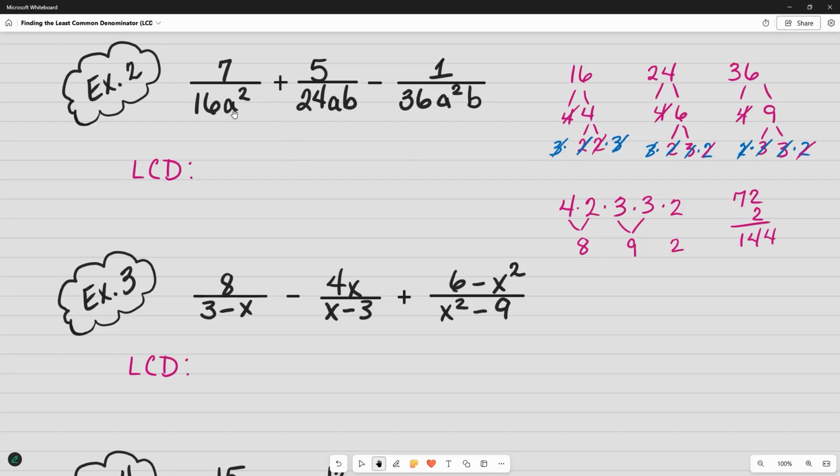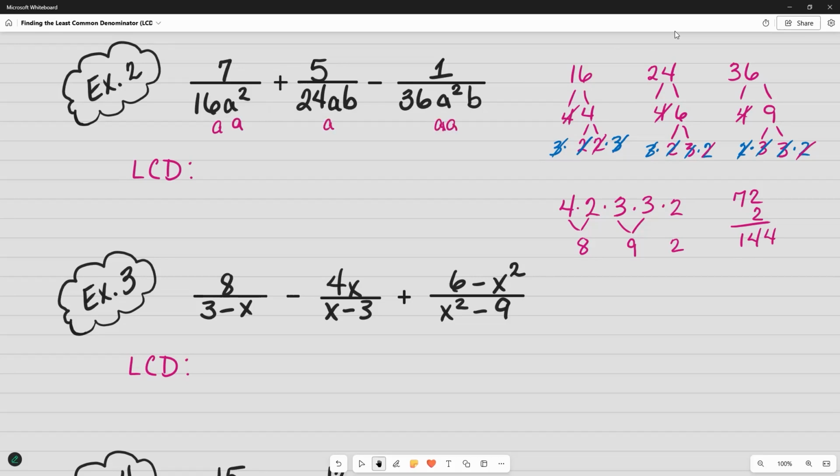Then I want to look at my variables. The easiest way to remember this is just to look at the variable with the highest exponent, and that's going to be your answer. If you were actually just looking at it from a standpoint of what is with what fraction, I notice that I have 2 A's here. I have 1 A and 2 A's.